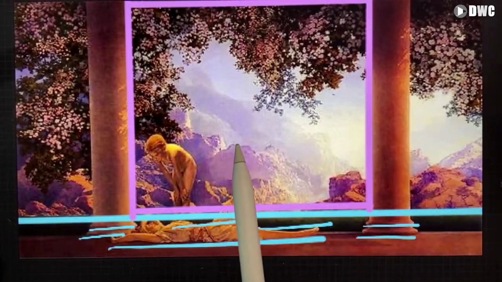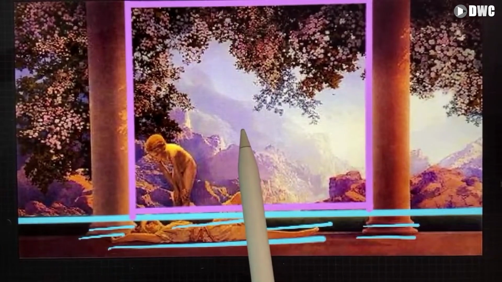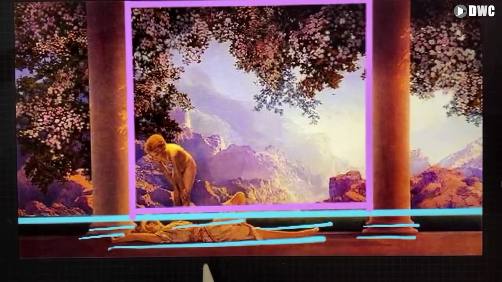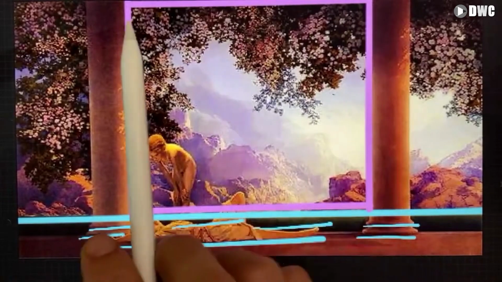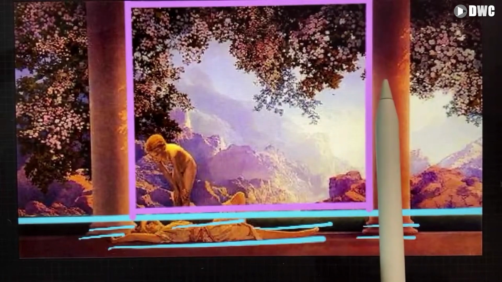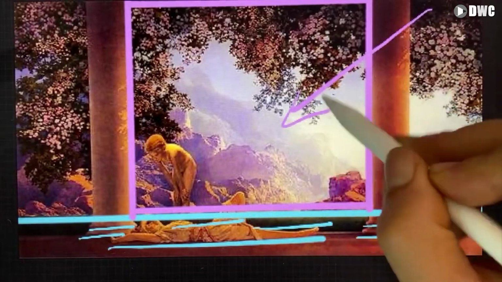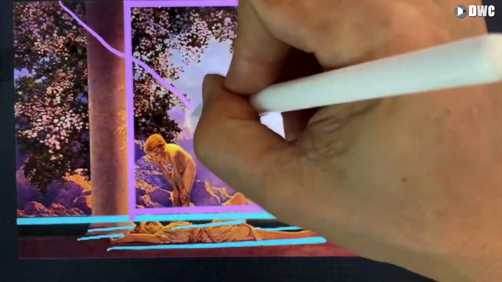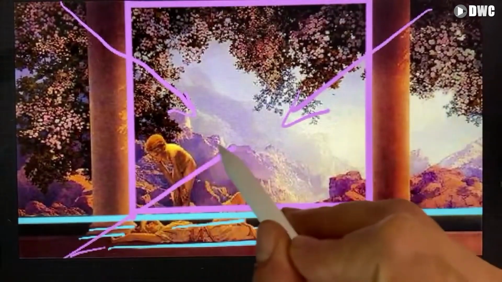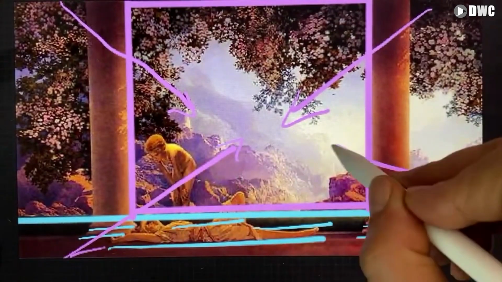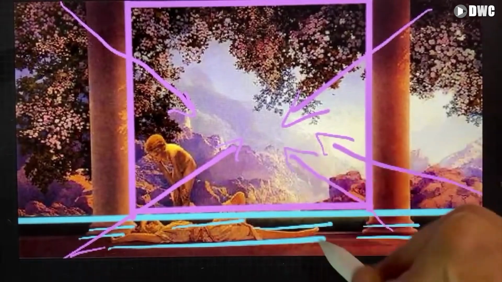Center also means stability and calmness. Not the figure, but the compositional frame. So he's forcing you, and look at these lines. He's forcing you to look here, actually.